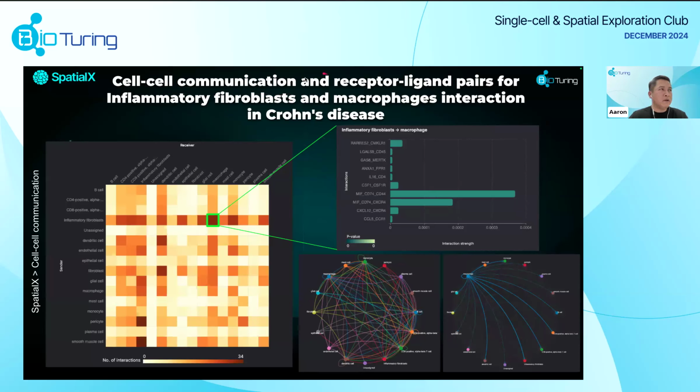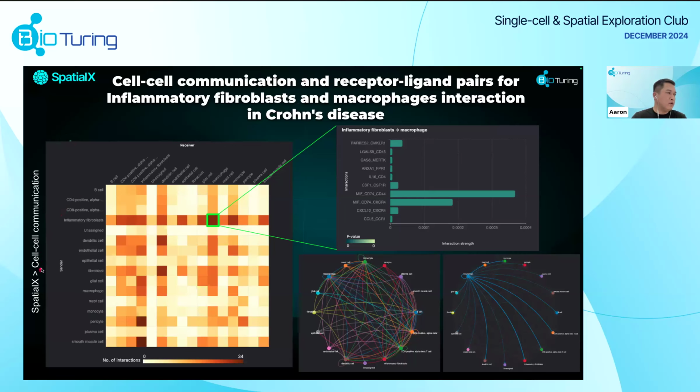From that cell-cell communication, you can enter the cell information, and then figure out which cells may interact with each other, and what is the potential receptor and ligand that can facilitate that interaction.